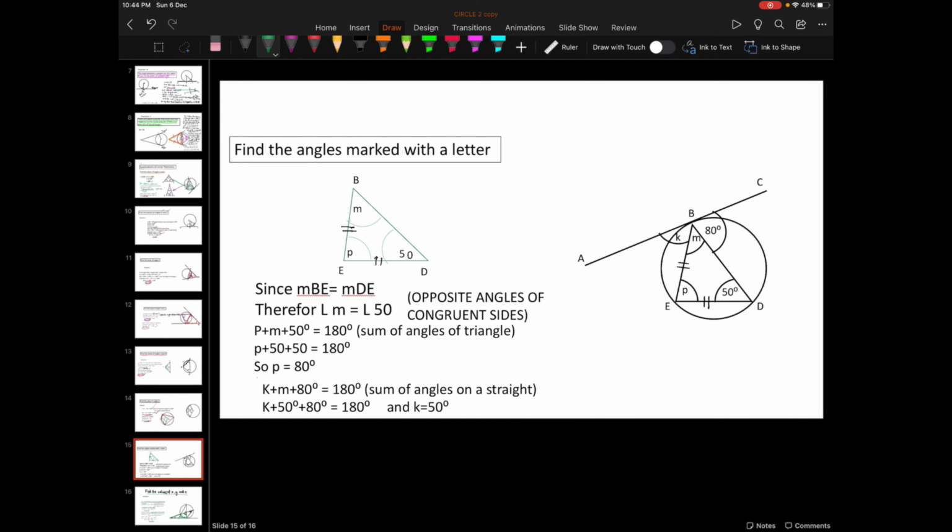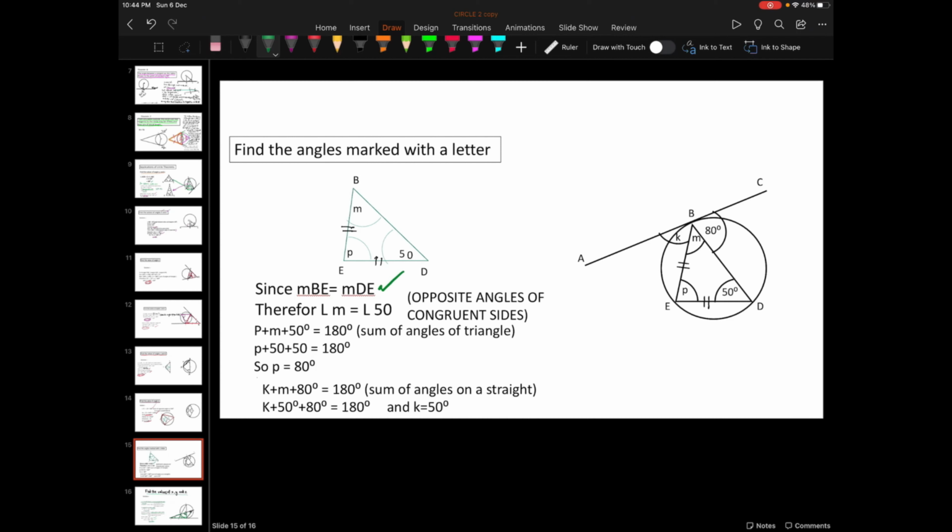Hence, we can write BE is equal to DE. If two sides of a triangle are equal, then their opposite angles are also equal, which is triangle rule. So angle M is also 50 degree.